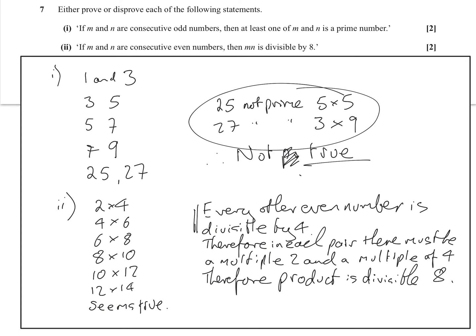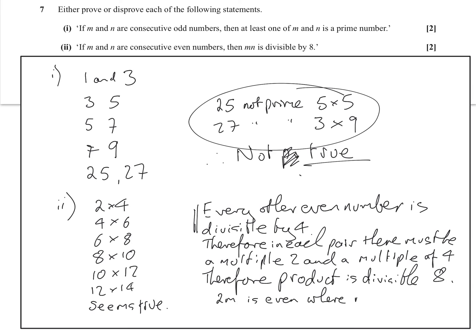Can I show you the algebra? Lots of you tried some algebra, and this is very close to what a lot of you were doing, but you didn't identify in your algebra the even-numberedness. So 2m, where m is an integer, is even.